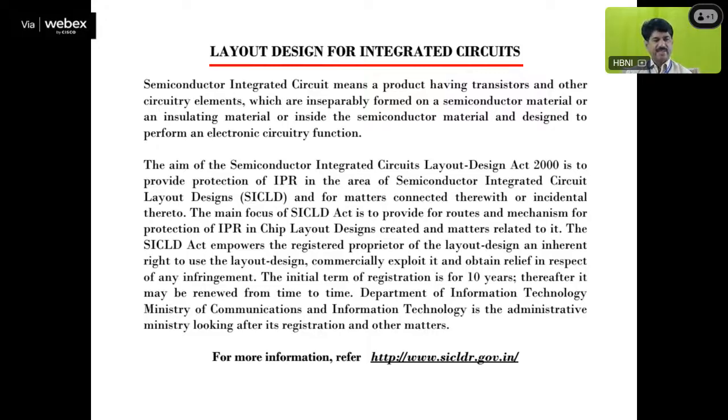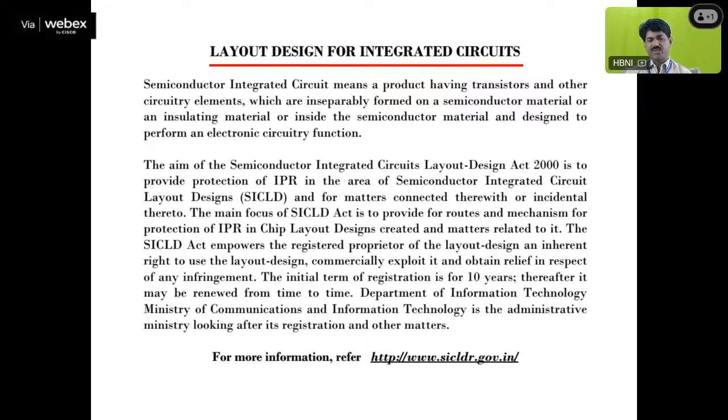The SICLD Act empowers a registered proprietor of the layout design with an inherent right to use the layout design, commercially exploit it, and obtain relief in respect of any infringement. Somebody should not copy the exact same thing and produce inferior quality products. So this protection is given to the layout design of various integrated circuits, ICs.